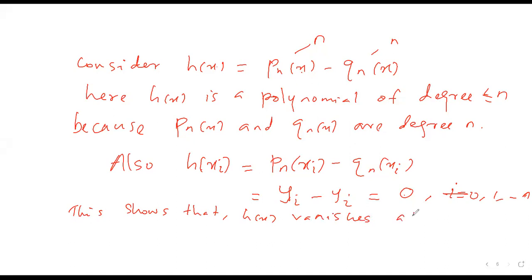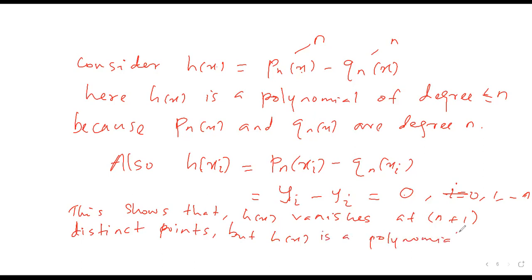So it vanishes at the last point, for example the n plus 1th point, at n plus 1 distinct points, but hx is a polynomial of degree less than or equal to n. So this hx vanishes.